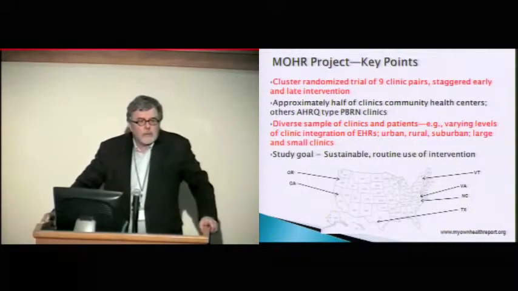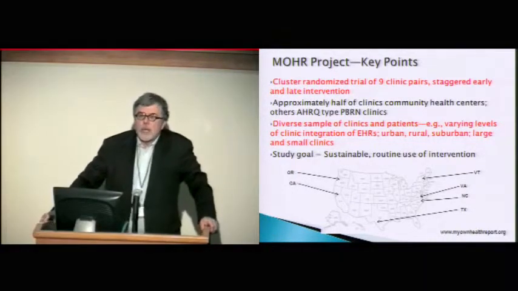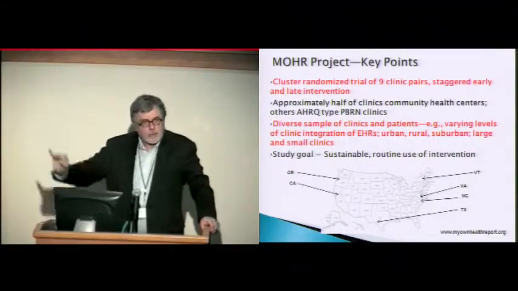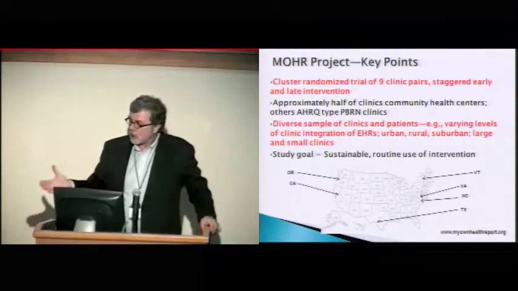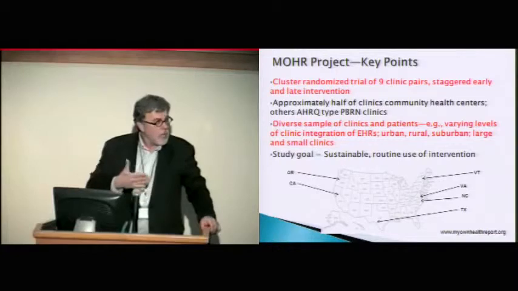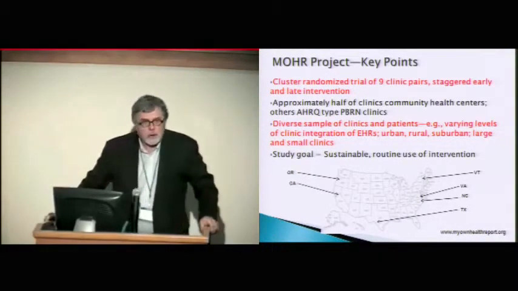We're using a delayed intervention design in 9 pairs of primary care clinics, purposely selected, if you remember the PRECIS, the pragmatic criteria that Borska was talking about, to be almost as diverse as you can imagine. They are all over the country, as you can see here.